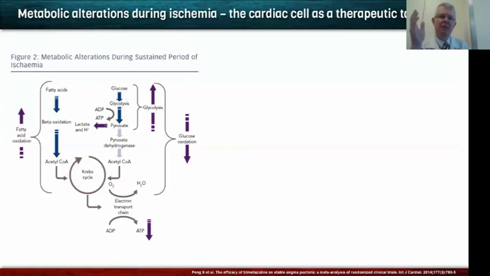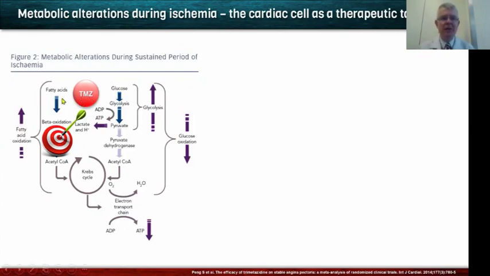And when the cell is ischemic, there are metabolic alterations during those periods of sustained ischemia. So the cell still relies for the ATP energy production on the free fatty acid oxidation, which is less efficient compared to glucose oxidation. So you have to block that. And that's exactly what trimetazidine does.